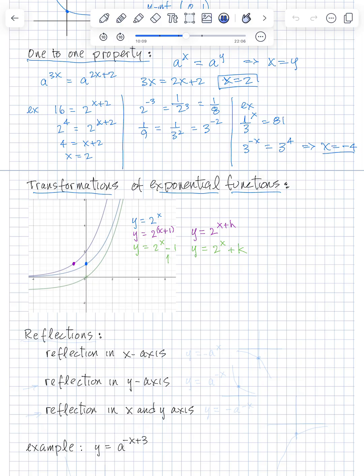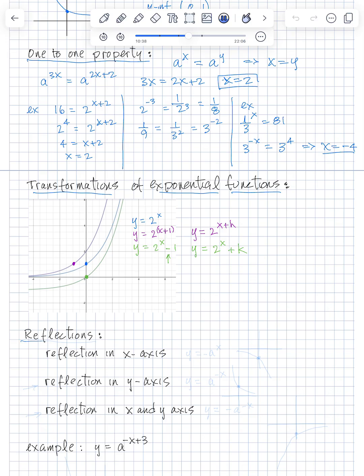Since this is negative, it means it's shifted down. So the blue intercept on y is equal to 2 to the x, the intercept 0, 1, shifts down to 0, 0. So when you're shifting these things, you're looking at where the intercept would go, up or down, right or left from the original.